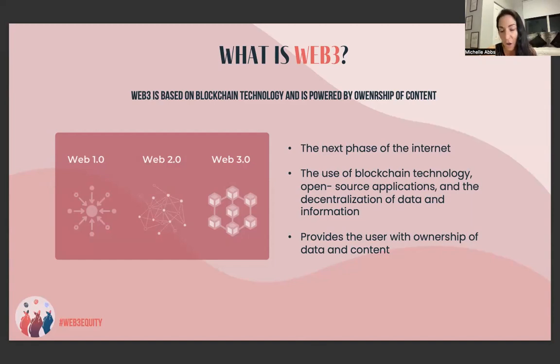Blockchain technology is really the pivotal driving force of the change here. And what blockchain technology means is that it is open source, right? Applications are decentralized, data is decentralized, information is decentralized, and it allows users to have ownership of your data and your content, which is really great.